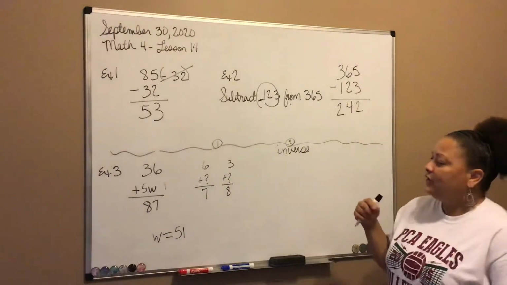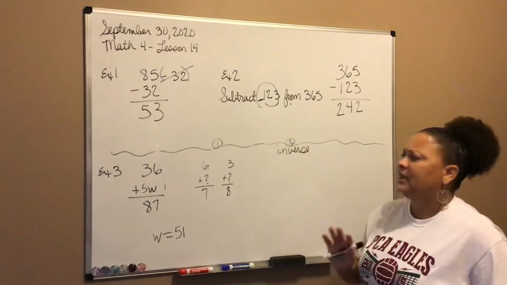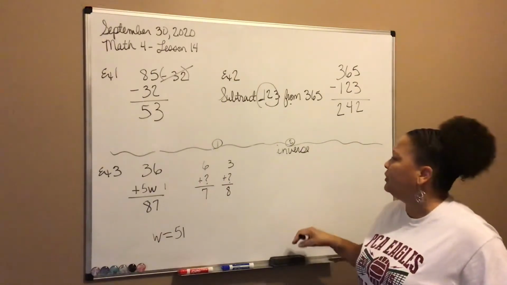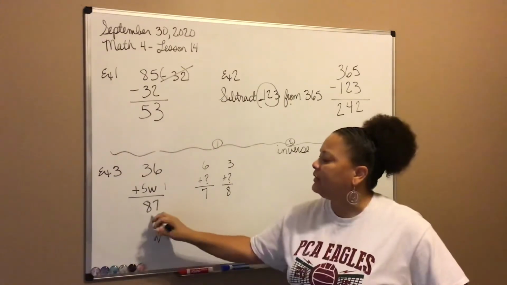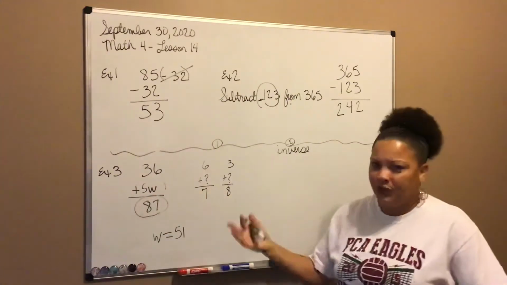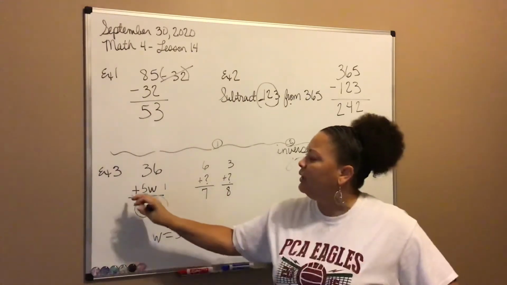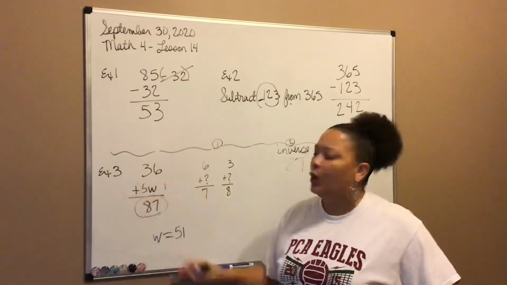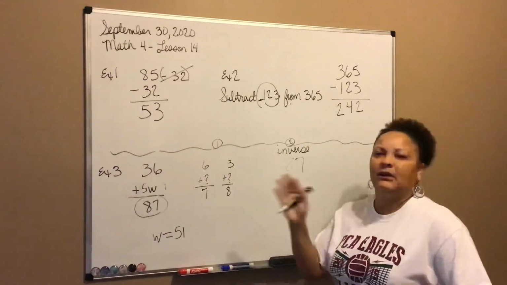In order for us to check our answers, or to give us another way to do the problem, we use the inverse. Remember I told you that you take your big number, or your total, 87, and then you change to the opposite of what you've done.